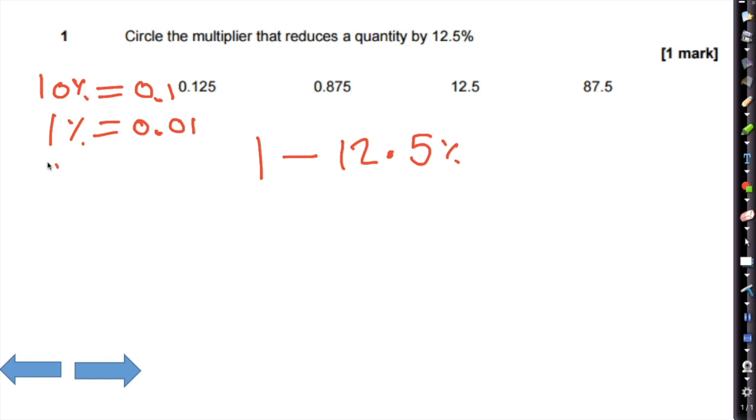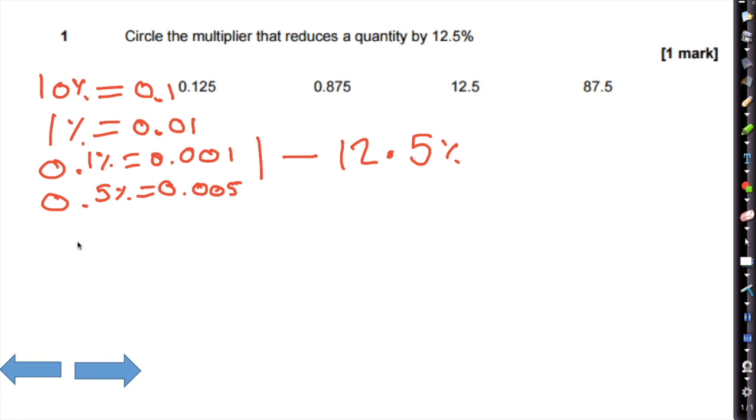An extension from this is that 0.1% would be another division by 10, 0.001. So if we're talking about 0.5%, it would be 0.1%, times by 5, so 0.005.